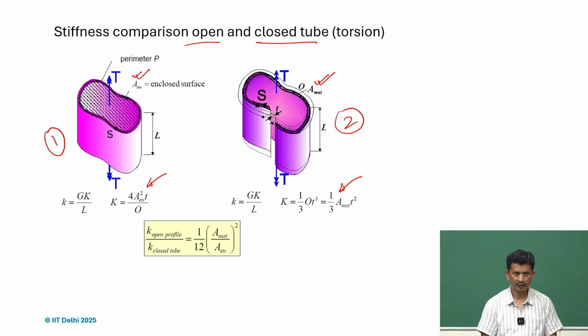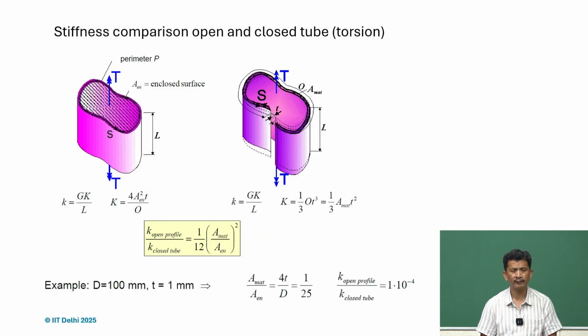Comparing the rotational stiffness of the open profile versus the closed tube, there is a huge difference. What we find here is 1 by 12, and then A material versus A enclosed squared. This square term makes a huge difference, and from there we can see the implication if there is a cut or if the profile is open.